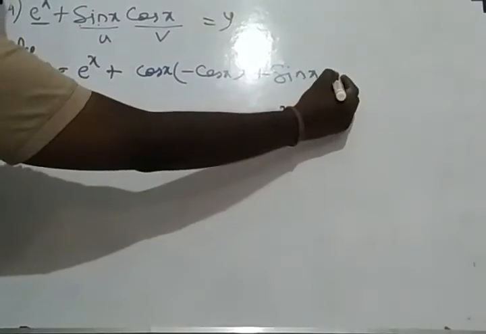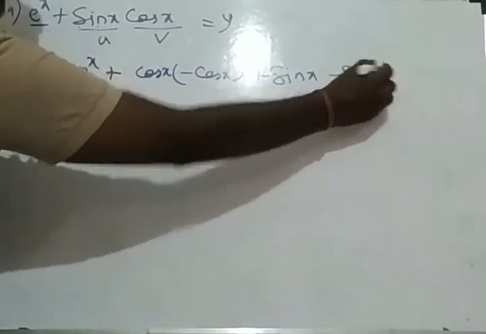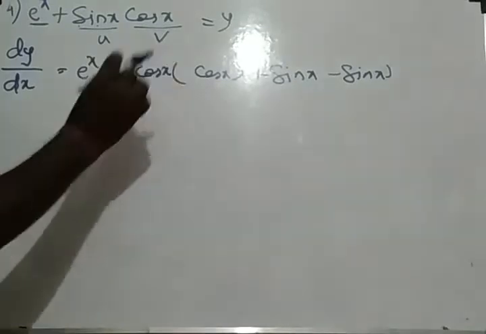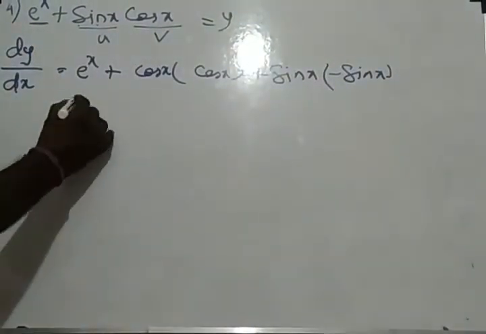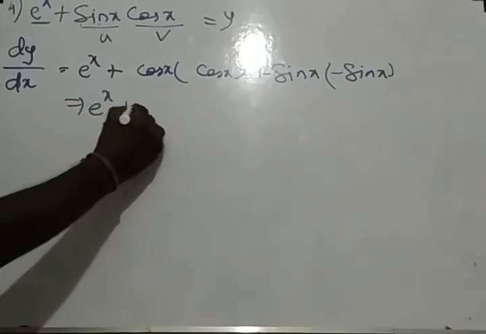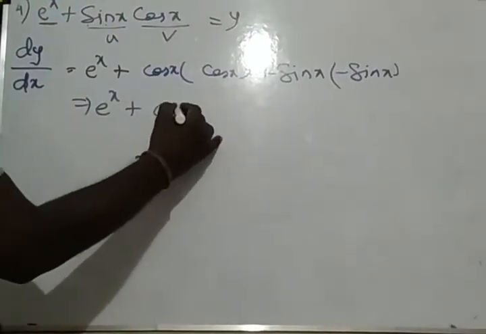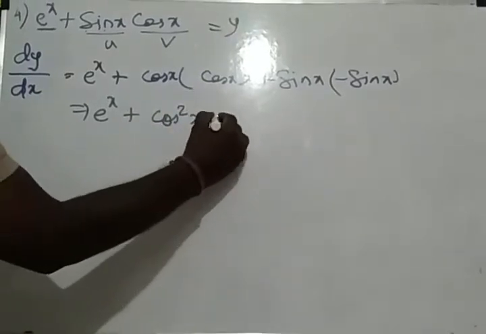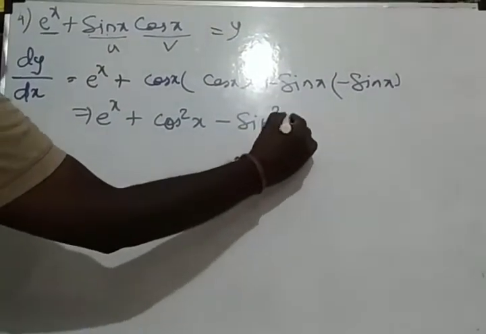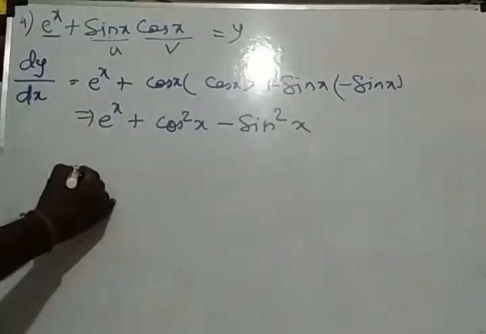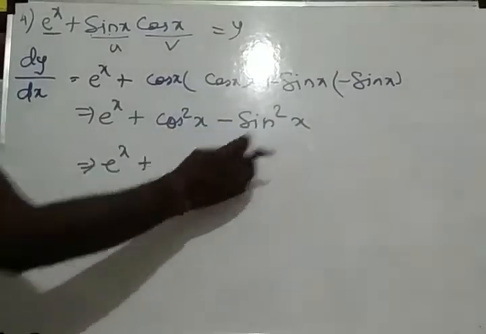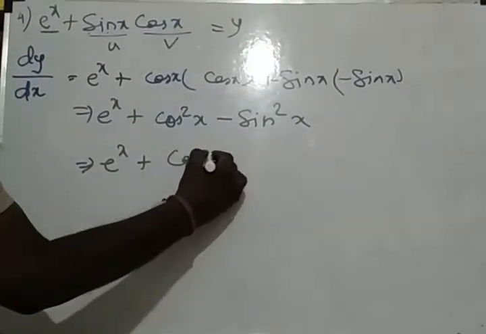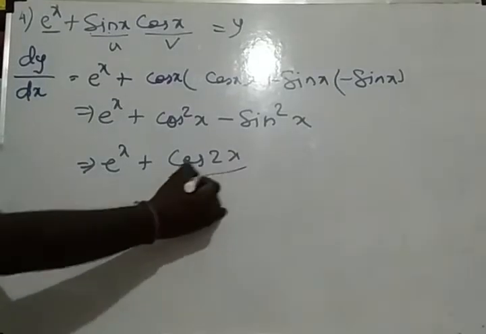Differentiation of cos x is minus sin x. Sorry, differentiation of sin x is plus cos x, not minus sin x. That is equal to e to the power of x plus cos square x minus sin square x. That is equal to e to the power of x plus, we know cos square x minus sin square x is cos 2x.